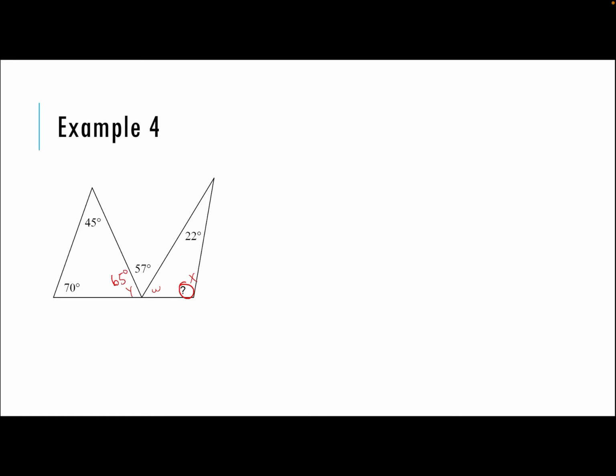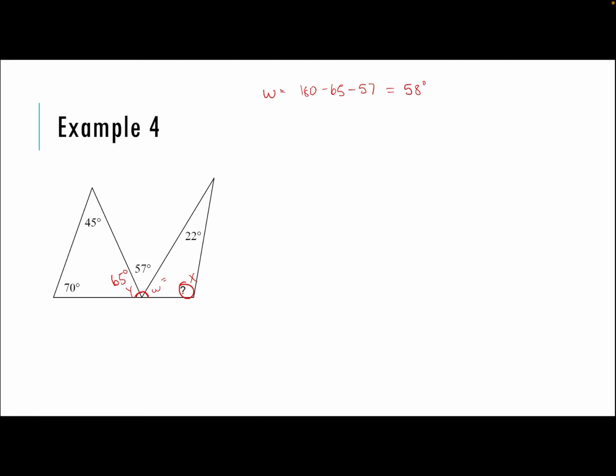Now 65 degrees, 57 degrees, and angle w, they make a straight line. So they add to equal 180. So then w is equal to 180 minus 65 minus 57, which that's 122, so 180 minus 122 is 58 degrees.